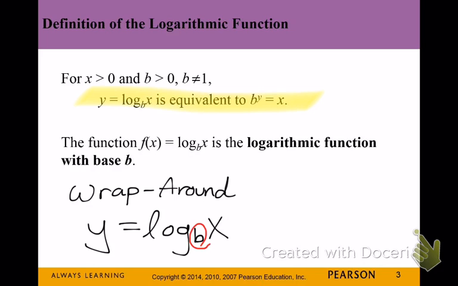And she'd say that you get b to the power of y, and notice that you make a little pit stop off here at y. So b to the power of y equals, and notice how we make a little pit stop at equals, and then we wrap it all the way around to the other side, so equals x. And when you write that, you get b to the power of y equals x. And that's called the wraparound.